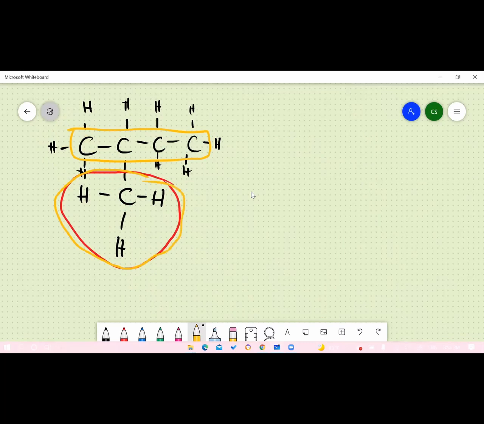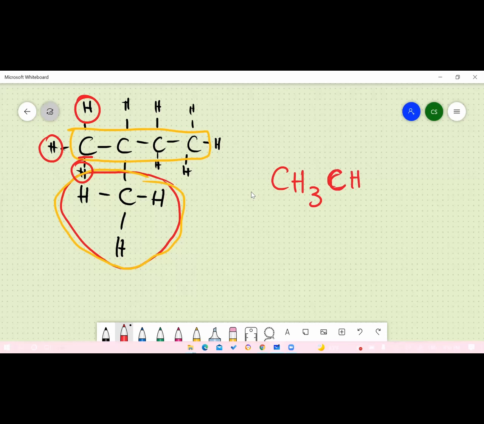For the condensed formula, you write CH3 for 1 carbon and 3 hydrogens. Then attached to that is another carbon. So you put C, then H, then in brackets indicate that there is a branch of CH3.